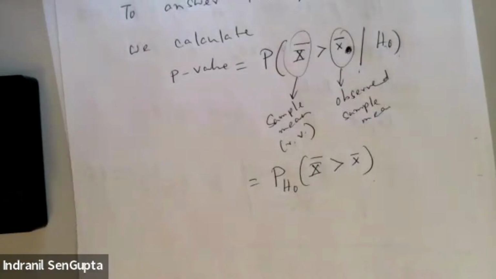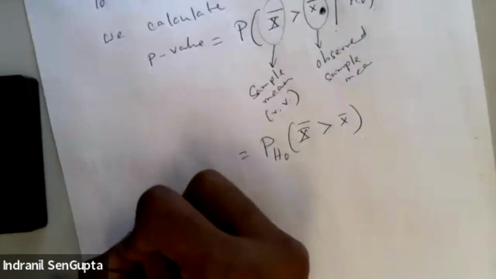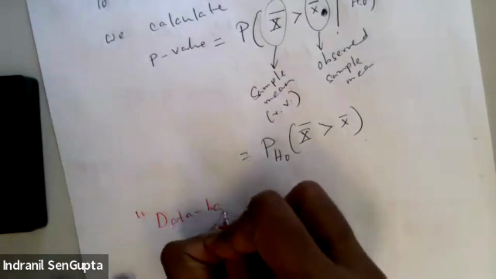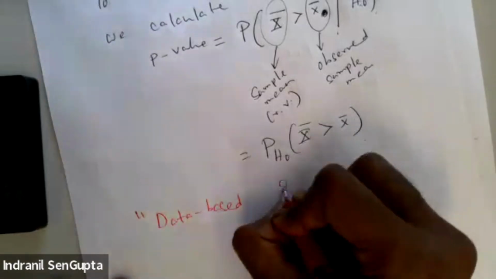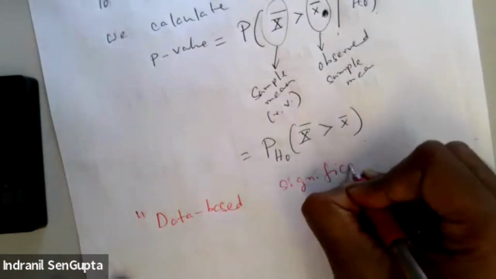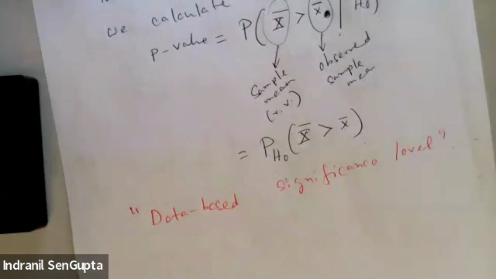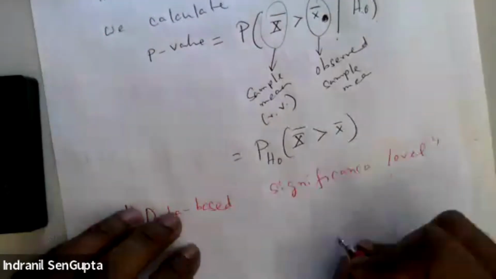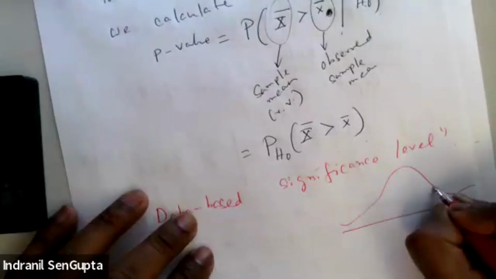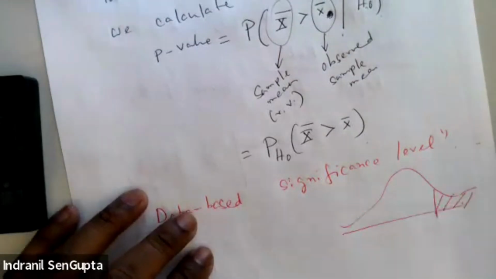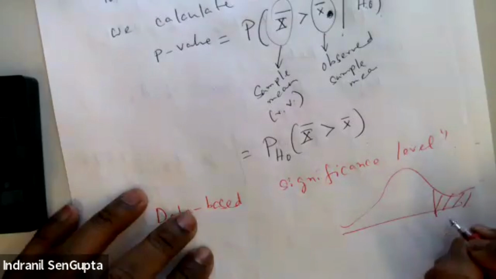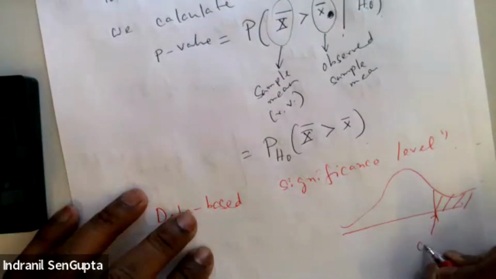So it's sort of a data-based significance level. Now, if this value is less than a certain alpha level, suppose this is the critical point.